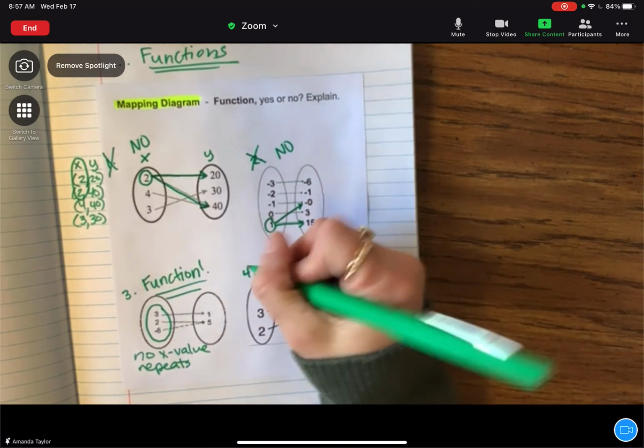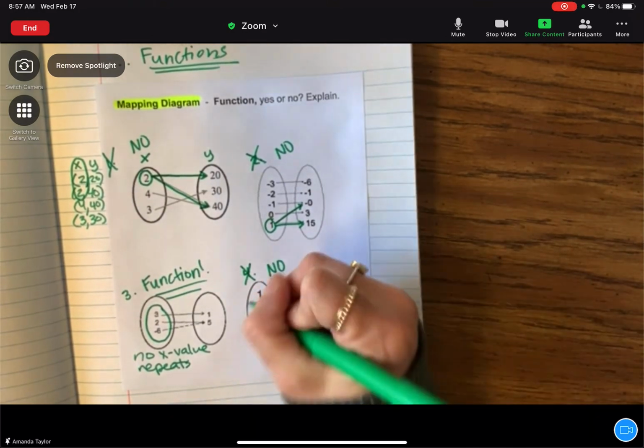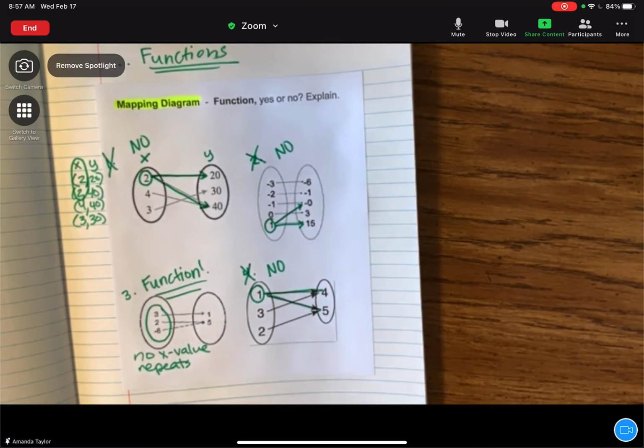Number 4 obviously is not a function, because which x value repeats? The 1 repeats. It has 1 going to a 5 and 1 going to a 4. If you look back at your mapping diagram foldable, it says the numbers do not repeat, so you're not going to see the numbers listed out more than once. You have to really pay attention to the arrows.